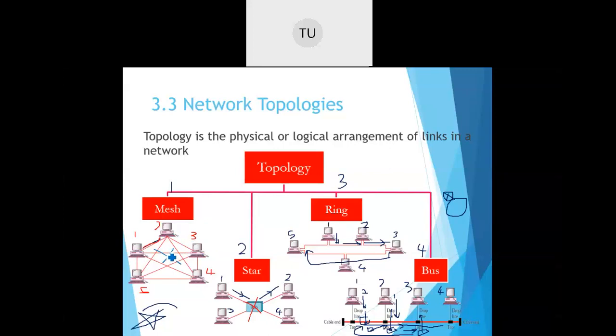They can still send the data using other cables. Or the other solution is, let's say the middle interconnecting device is faulty. Other communication can still take place by using different cables.